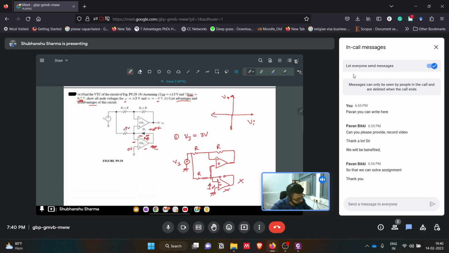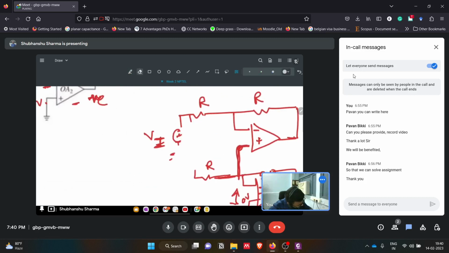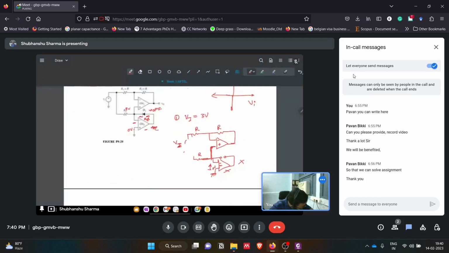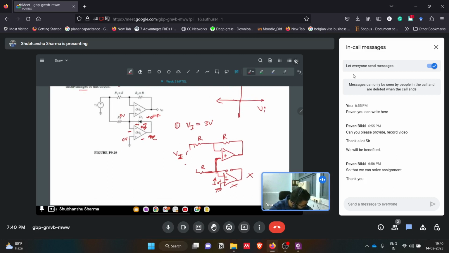So what will happen? We have some input VI, so how do we solve this? We can simplify it: this is 3 volts, and this is also 3 volts.